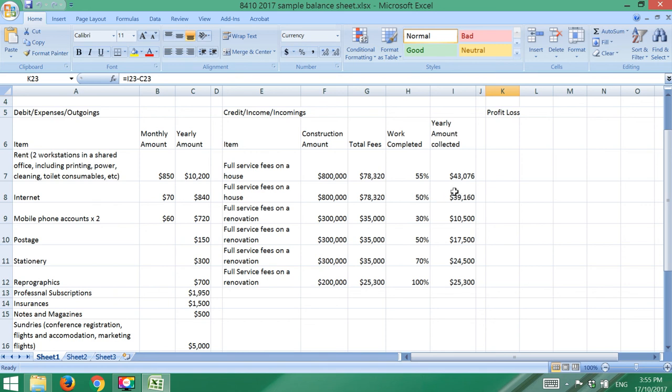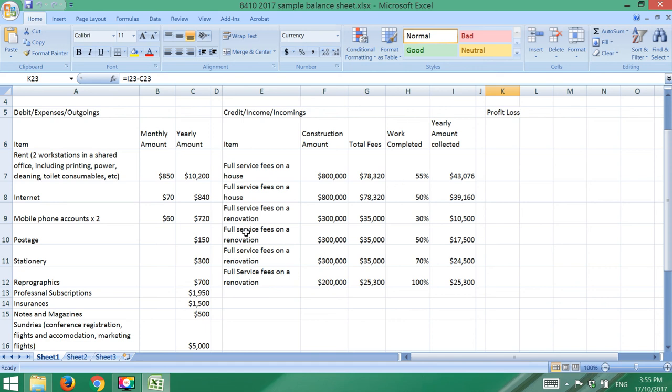If you have a house of 800,000, from my experience, you wouldn't be able to collect much more than half of the fee in 1 year, because a 2-year period is reasonable for a custom design house to be delivered from the time you get engaged as the architect to the time that defects liability is over and you can collect your last fee.